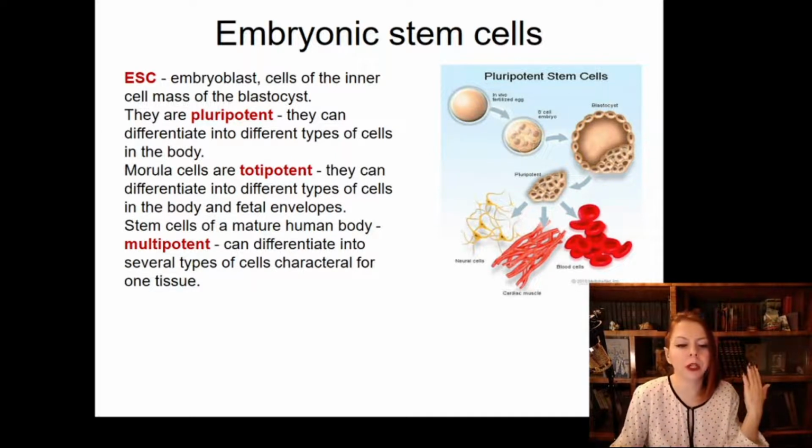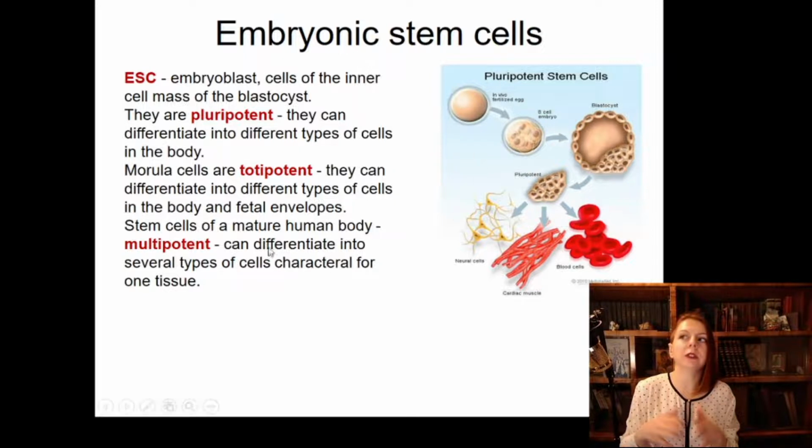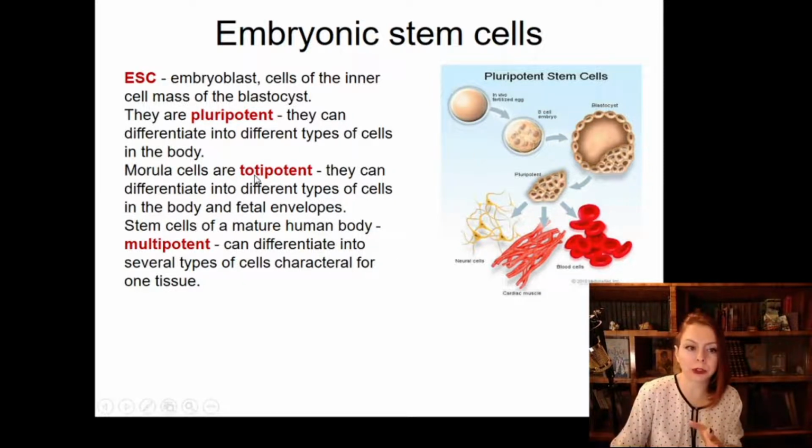So if we are talking about totipotent, pluripotent, and multipotent, we imply the difference in their differentiation potential. The widest potential is in totipotent cells, more restricted in pluripotent, and the most restricted in multipotent cells.